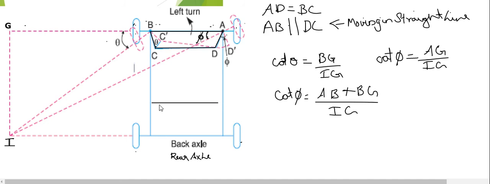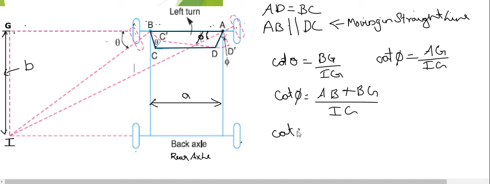If you take this length as A and also this one as B, we can rewrite that equation.